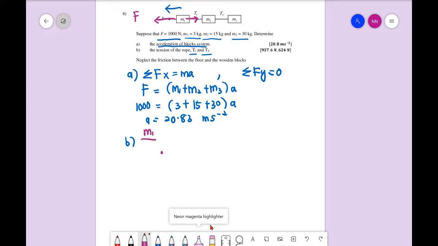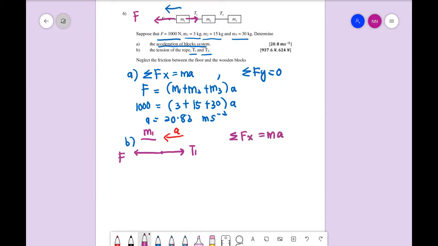So the free body diagram for M1 has T1 and F, where the acceleration is to the left. Acceleration A is to the left, so we can apply net force X equals ma.